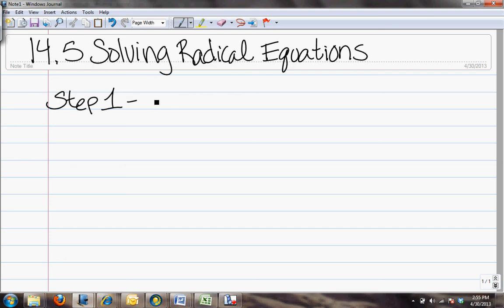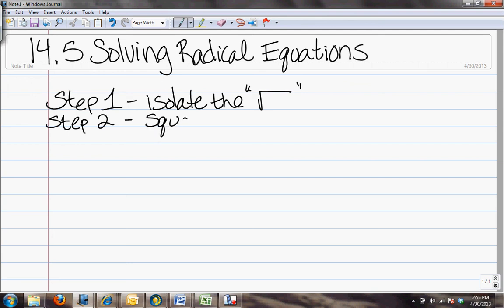Now we're solving equations. So step one, you want to keep in mind all the time when we're solving them, is you want to isolate the radical. Just like in regular algebra, multi-step equations, you isolate the variable. Here we're going to isolate the radical.